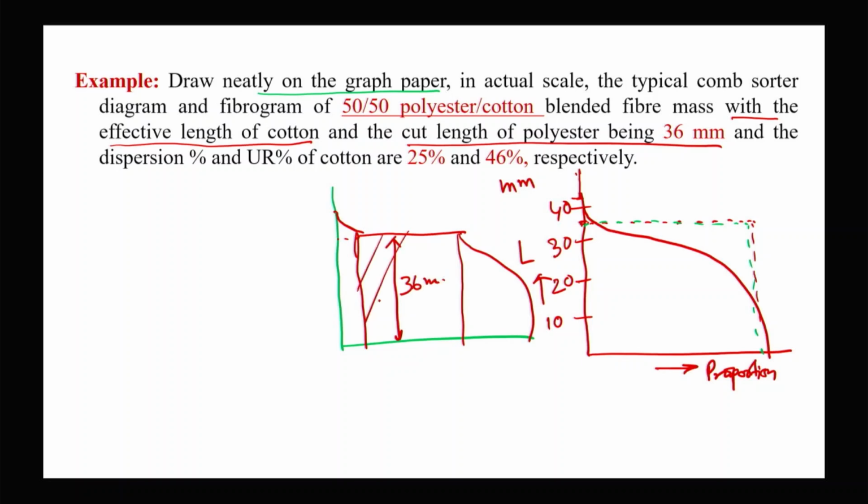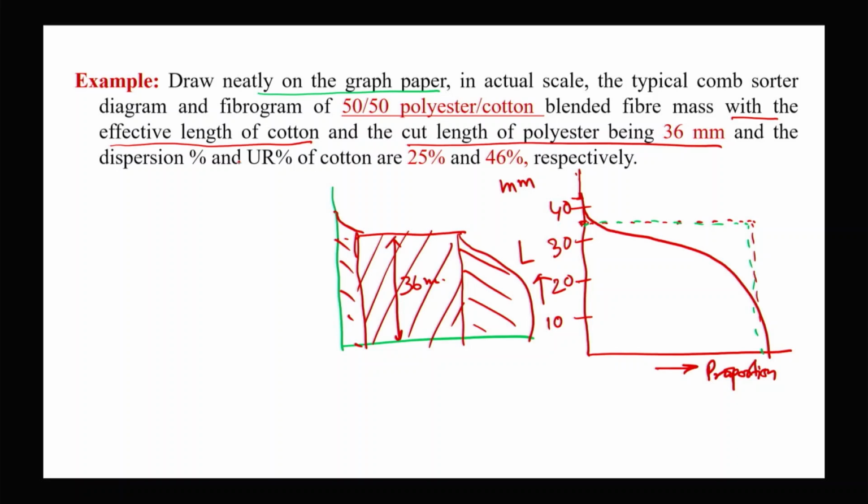So this is polyester, and then the rest are all cotton. Typical comb sorter diagram. Now what do we have to calculate from the comb sorter diagram? Effective length of cotton, this is done.